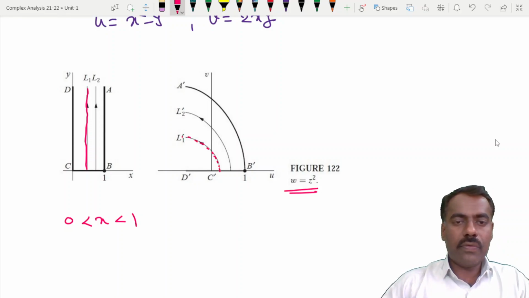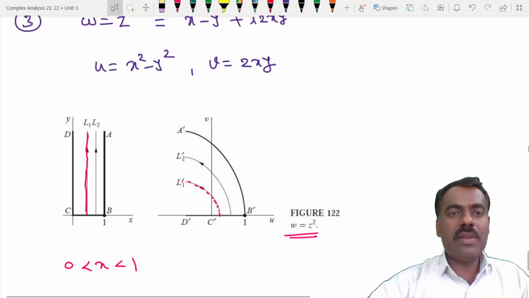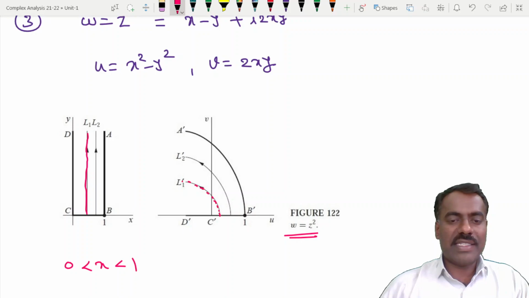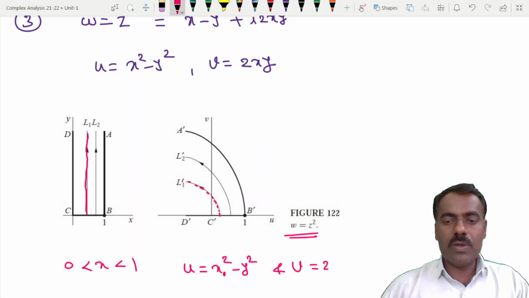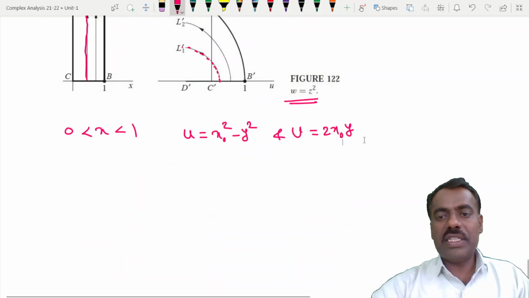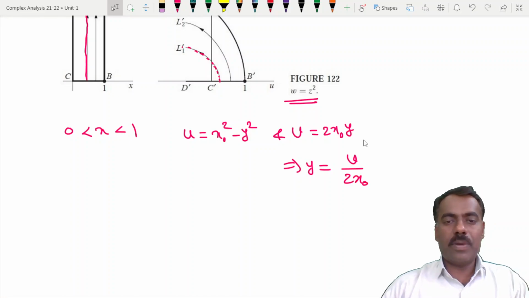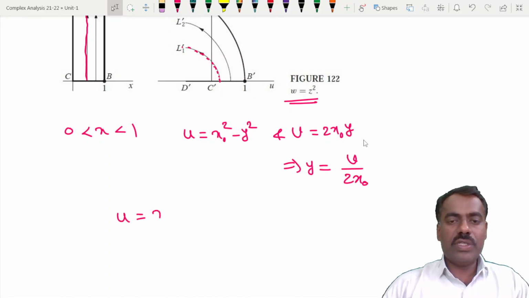If you simplify this by fixing x and varying y, suppose we call it x naught, then u is equal to x naught square minus y square and v is equal to 2 x naught y. We can put y equal to v upon 2 x naught, x naught non-zero so no problem, and put that here. Therefore u is equal to x naught square minus v square upon 4 x naught square.